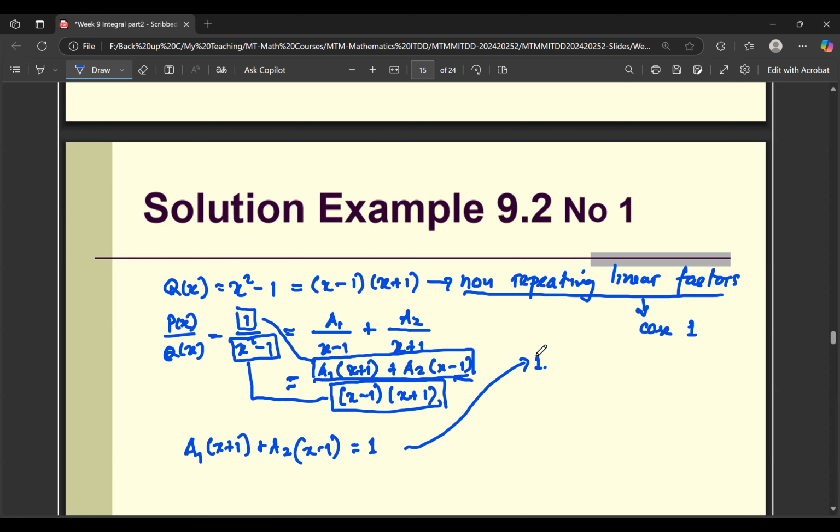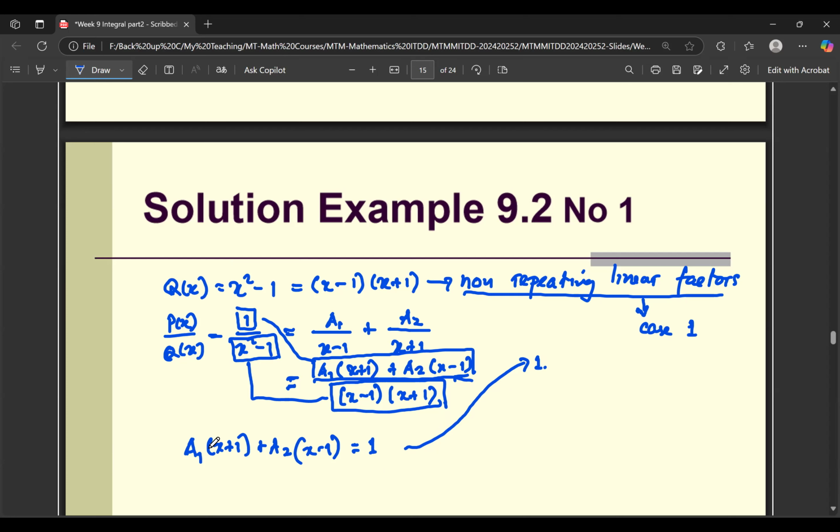This is alternative one to find the value of A1 and A2, and I will also show you the other alternative. You can choose the alternative you like.